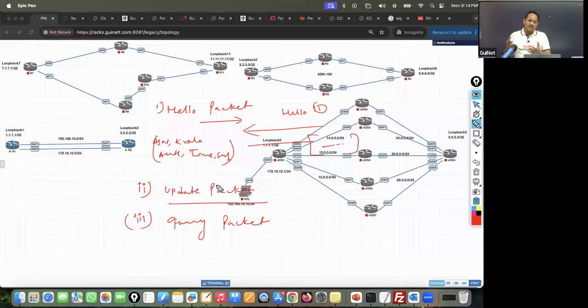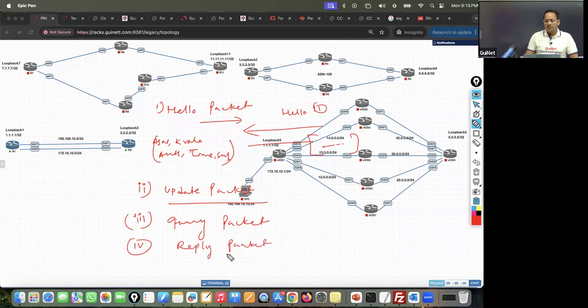Do you have that information? Can you share it with me? If your neighbor has that information, it will respond with the reply packet. That is the fourth packet. And then finally, there is the acknowledge packet: yes, I received the packet.